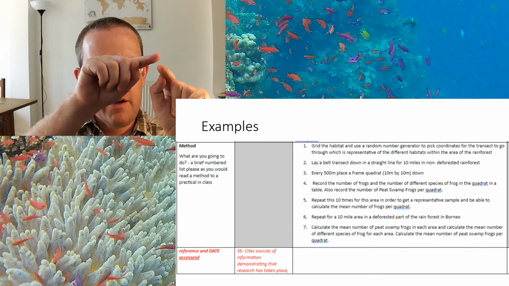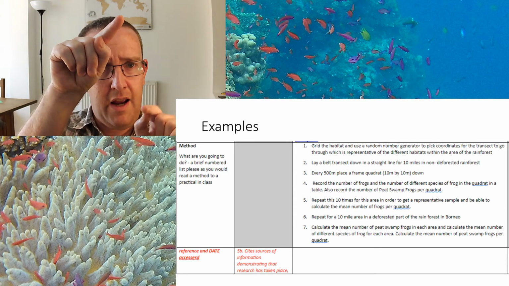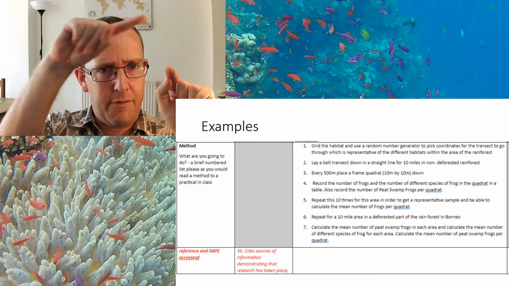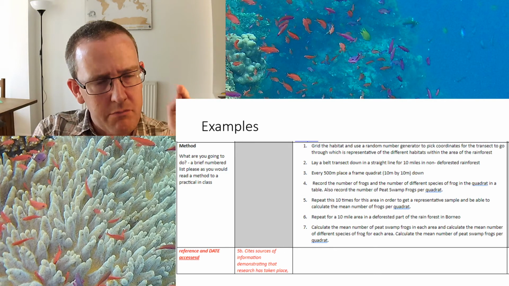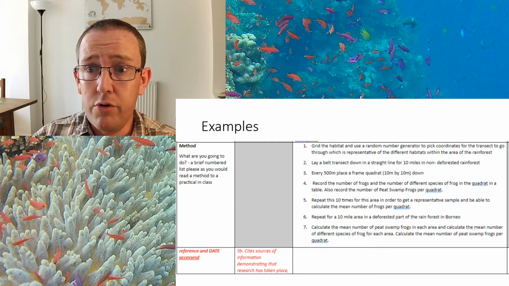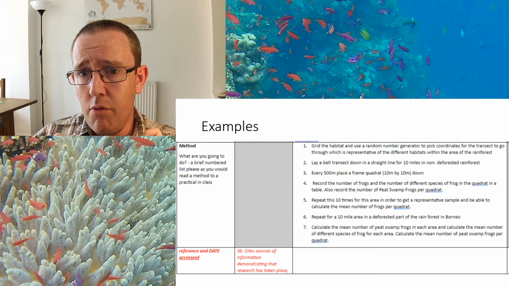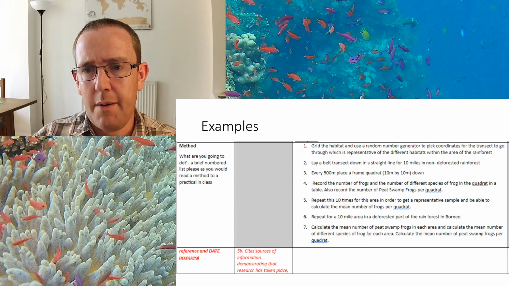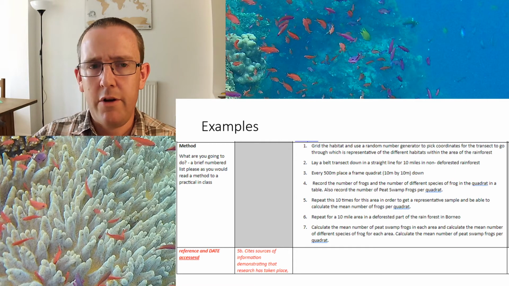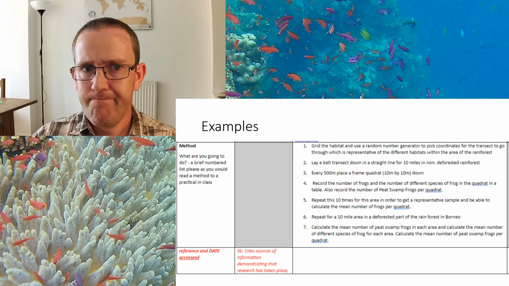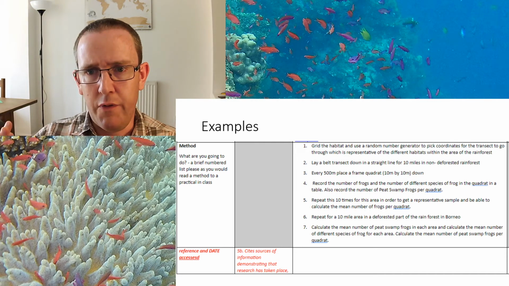So we're doing some kind of dot to dot. So we're going to have here, here, here, here, here, and we're going to have the transect going round them. I mean, it's a novel approach, fine. And then it says through which is representative of different habitats. If you're doing it randomly, how are you making sure it's representative? That's sort of a contradiction in terms.